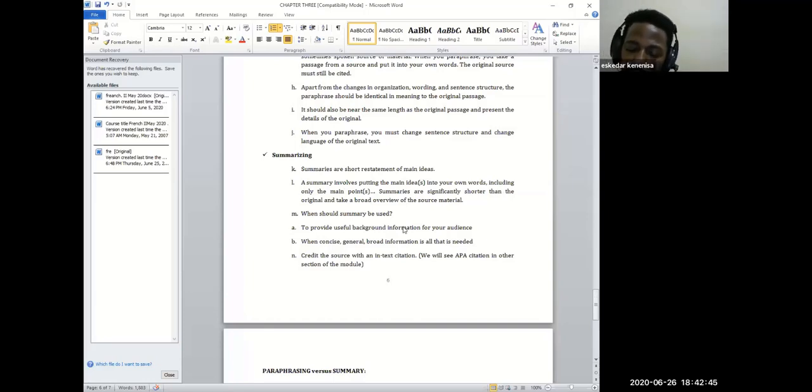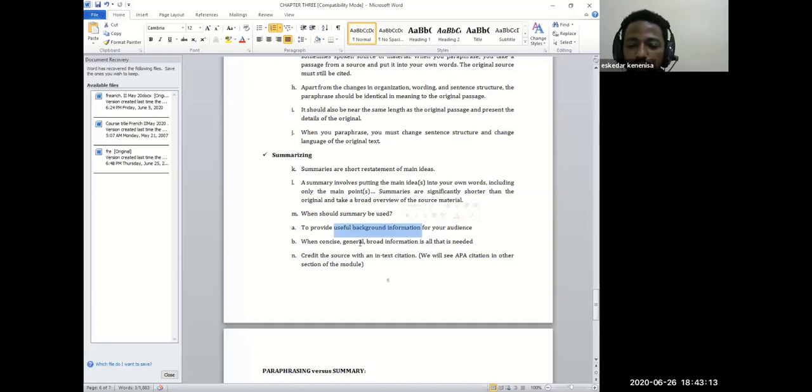If your main concern is to provide your reader the background information, you can simply jot down the main ideas of the author and present them in the form of a summary.